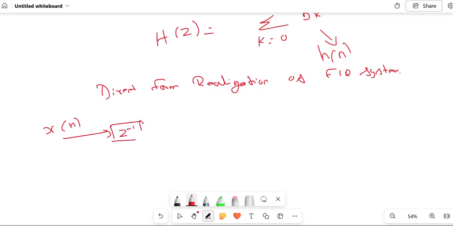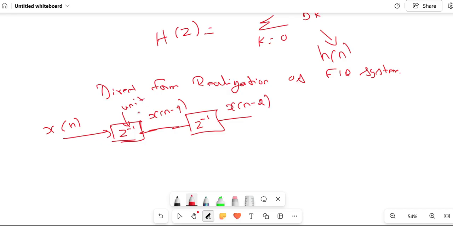You will get x(n minus 1), then x(n minus 2). You should not put z to the power minus 2 here. One delay element represents only one unit delay. Delayed by 2 samples means delayed by 1, again delayed by 1.